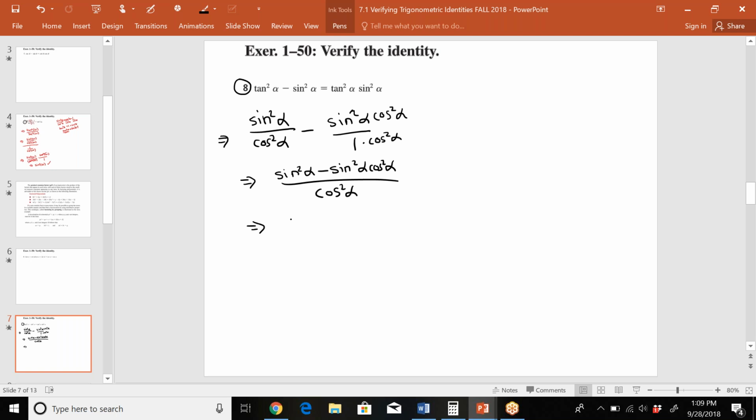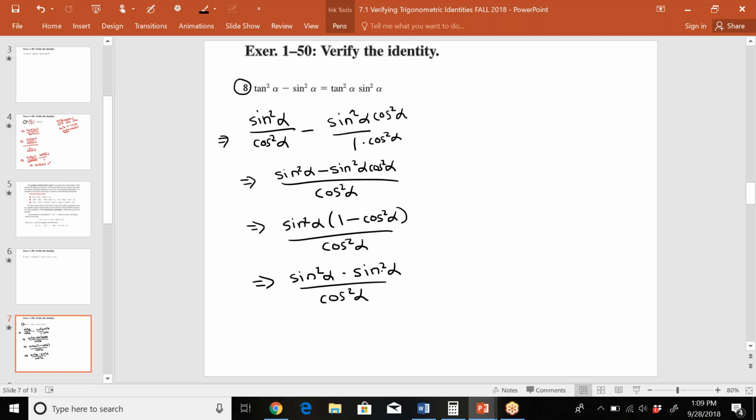We could factor a sine squared alpha out of the top by GCF. That would leave me with 1 minus cosine squared alpha over cosine squared alpha. And 1 minus cosine squared alpha is sine squared alpha using the Pythagorean identity again. So we're actually going to get sine squared alpha times another sine squared alpha over cosine squared alpha.